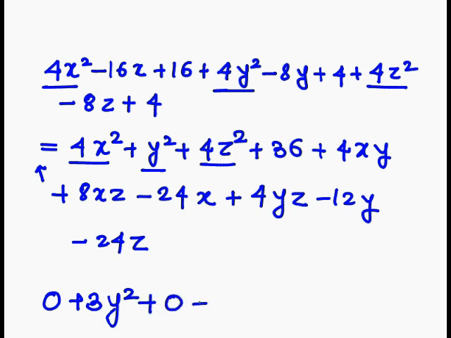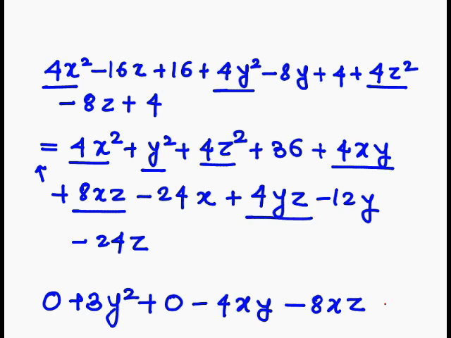Now we focus on the xy term. So what we have is 4xy, so we get minus 4xy. Then we focus on the xz term, so we get minus 8xz. Now we focus on the yz term, so we get minus 4yz.